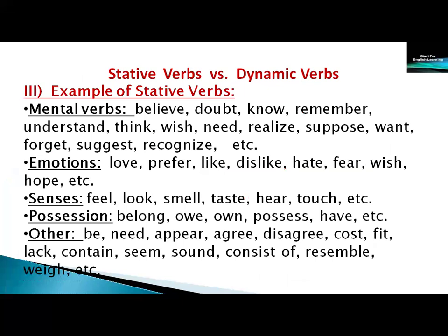This page and the one that follows give you examples of stative verbs, action verbs, as well as examples of verbs that can be both stative and dynamic depending on the context. Please read them on your own.